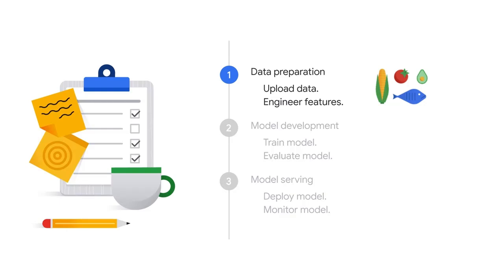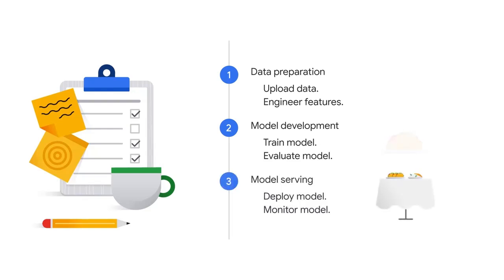This translates to gathering your ingredients and then prepping them in the kitchen. In stage 2, model development, the model was trained and evaluated. This is where you experiment with the recipes and taste the meal to ensure that it turned out as expected. And in the final stage, model serving, the model was deployed and monitored. This translates to serving the meal to customers and adjusting the menu as more people tried and reviewed the dish.